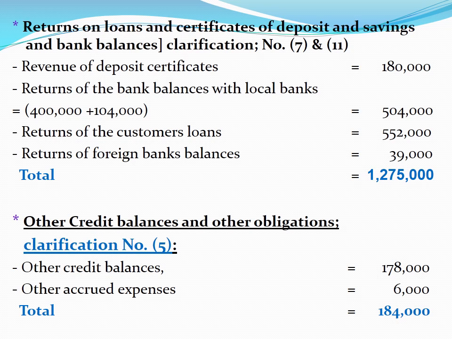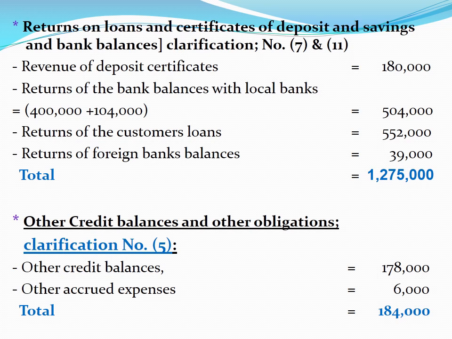I think we are about finishing preparing the income statement and the balance sheet, the financial position statement. Now, returns on loans and certificates of deposit and savings and bank balances. Clarification number 7 and 11. Revenue of deposit certificates of the bank equals 180 from the trial balance. Return of the bank balances with the local banks 400,000 plus 104,000. If you want to look for the 104,000, you will find it in the adjustments in page 244, adjustment number 5.